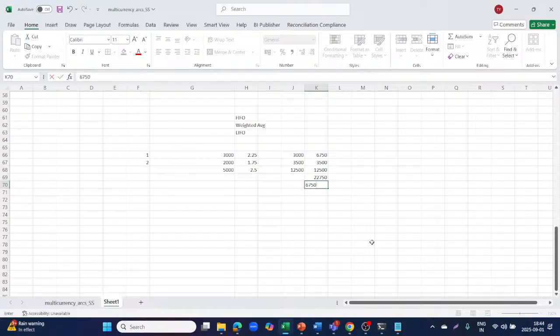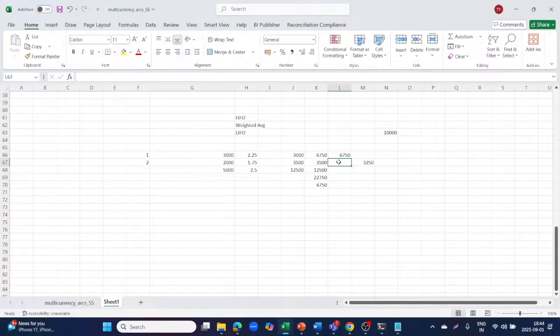If you change it, now what change will be done? 6750 is the one if you follow the first in first out method, that means this was the first when it was purchased. So if the FIFO method is followed, and suppose a customer orders 10,000 inventory, you will subtract 6750 from here completely. 10,000 they need, 6750 will be given from the first batch.